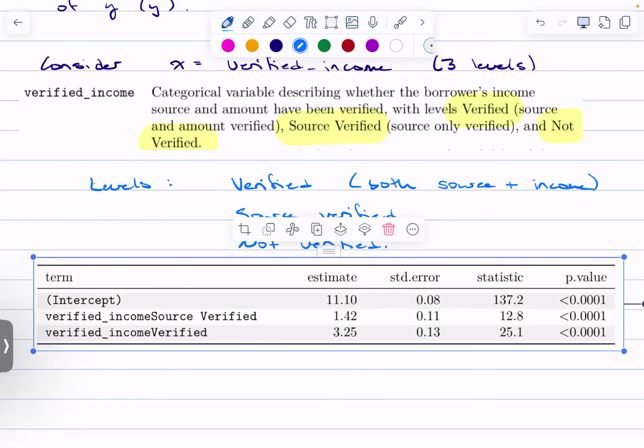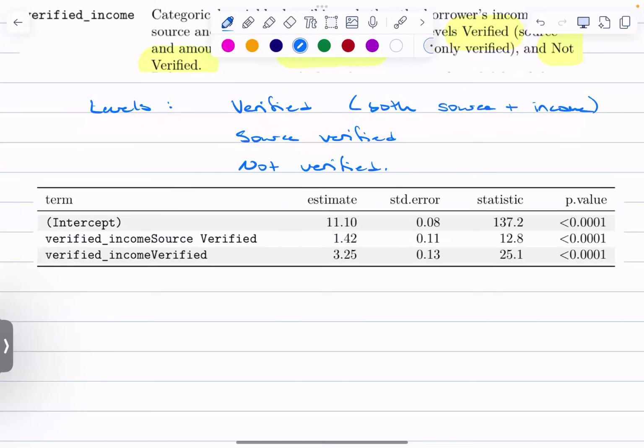And so something like this, notice that you have the verified income, but now you have the level attached to it. So the level, source verified or just verified.